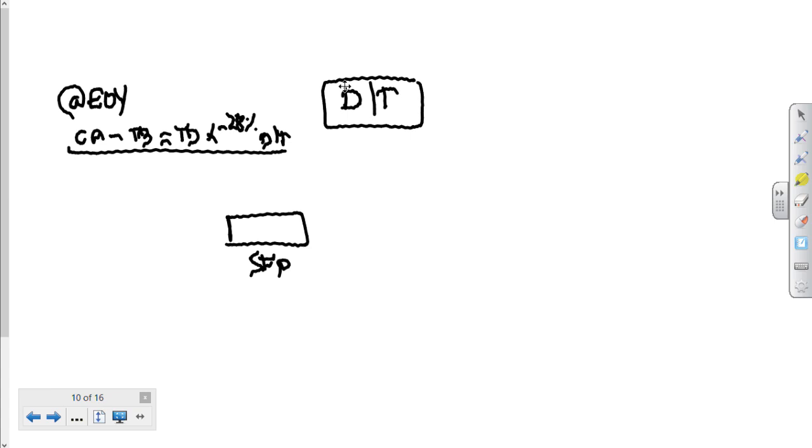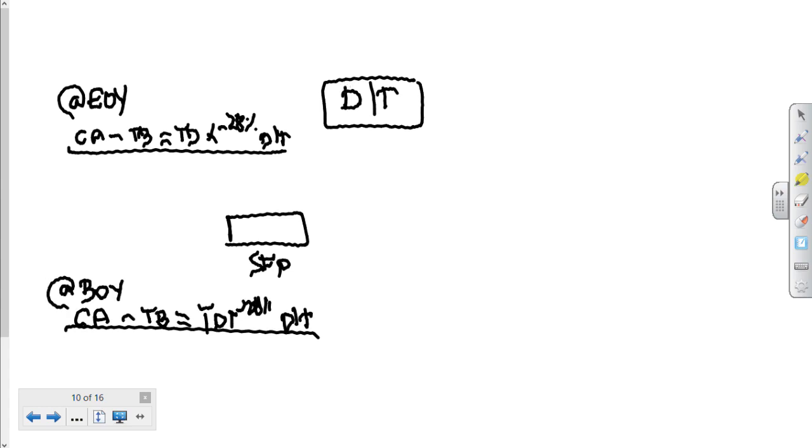Yeah? Now, you will also do the same calc: carrying amount minus tax base equals temporary difference, times 28% is deferred tax. You will do the same calc at beginning of year, and you'll have a balance which is the beginning of year balance.